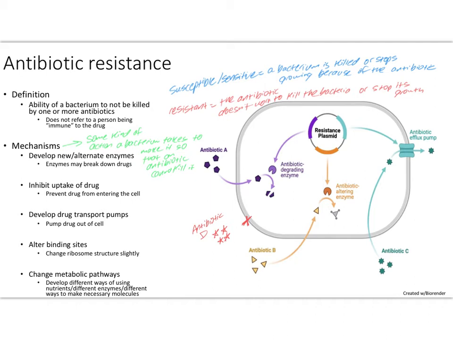And what a bacterium might do is either change its own ribosome just slightly so that the antibiotic cannot bind, or it might create an enzyme that actually just alters the antibiotic itself just a little bit. So then the antibiotic doesn't fit on the ribosome, or doesn't interfere with peptidoglycan anymore, or doesn't interfere with the enzymes involved in DNA replication.